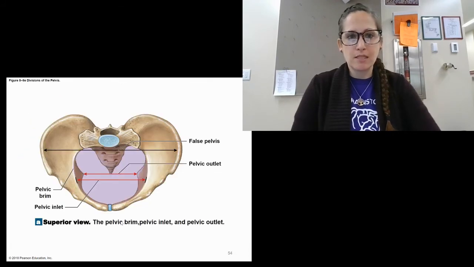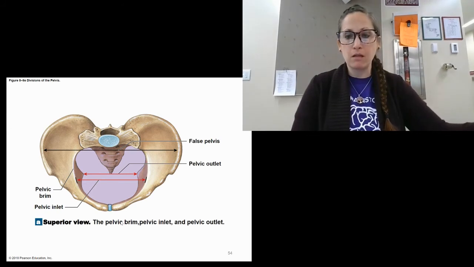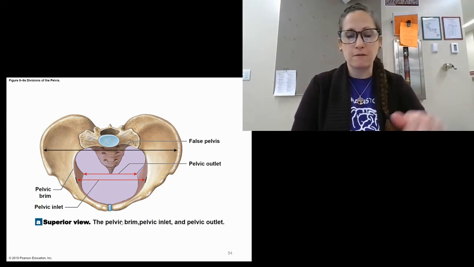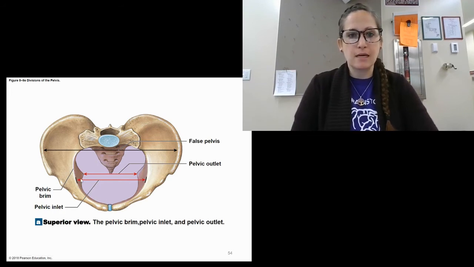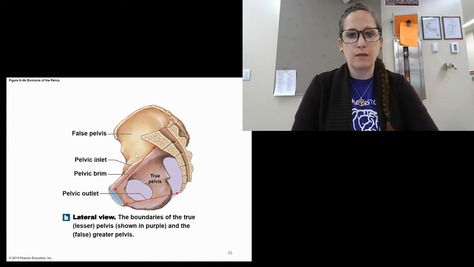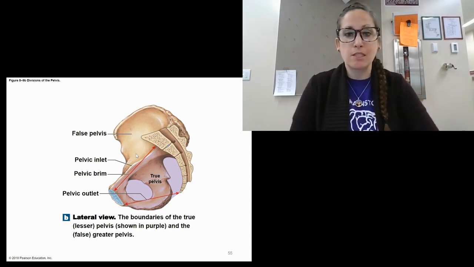Lastly, I do want to take a moment to talk about the difference between a male and a female pelvis. So you can see here, there's a couple of structures that are focused on, and that has to do with this pelvic inlet, pelvic brim, pelvic outlet situation, and creating the space which the pelvis makes based on its structure.